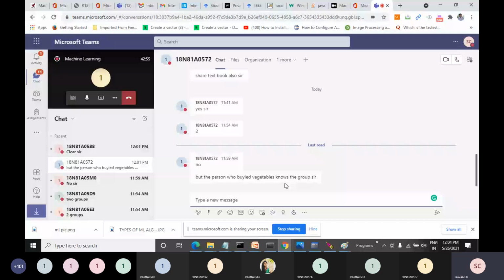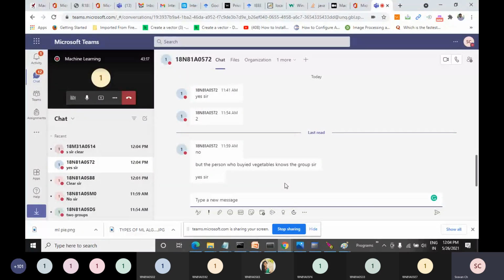So in a real time example, you will not find the person who buys the vegetables. You will find only the vegetables bag, which is the data set, and the person who solves, my son who is solving the problem, is the person who actually applies the ML algorithm.